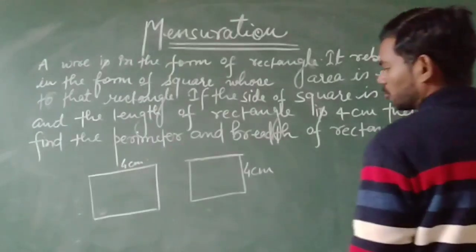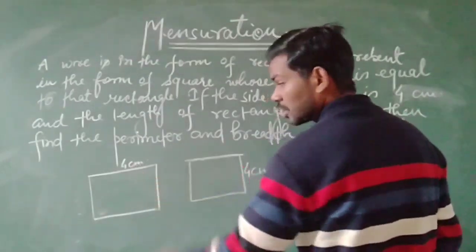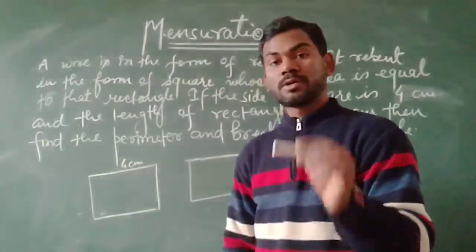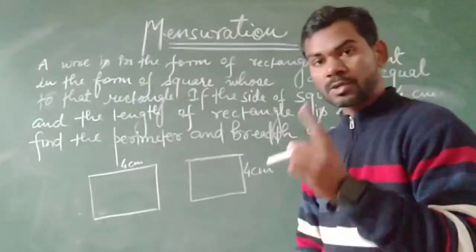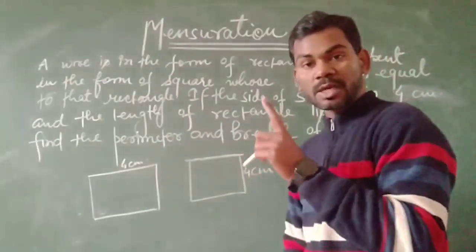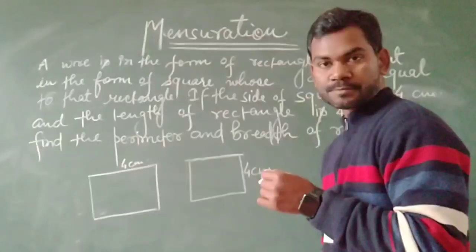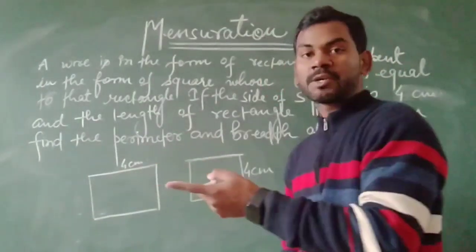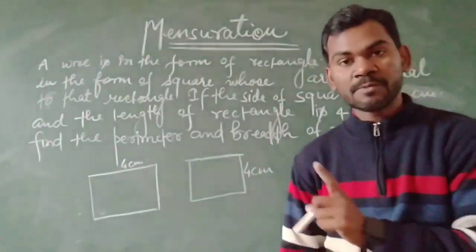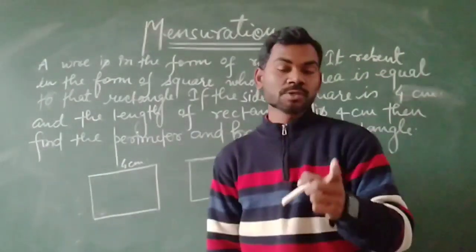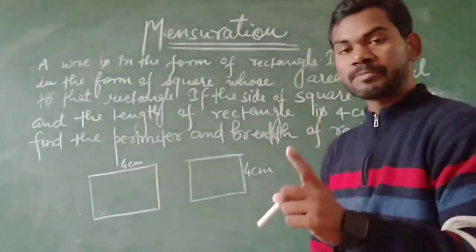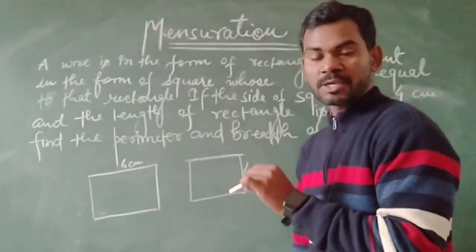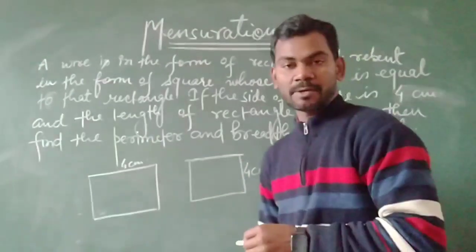First of all, we find the area of the square, because only one dimension of the rectangle is given, and it is impossible to find the area of a rectangle using one dimension only. The area of the square is equal to the area of the rectangle, so we can easily find the breadth. When we get the breadth, we use the formula 2 times (length plus breadth) to find the perimeter. I hope the explanation of this question is clear. Now let us find the solution.